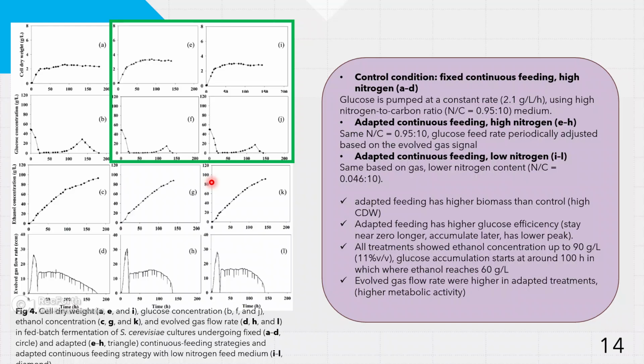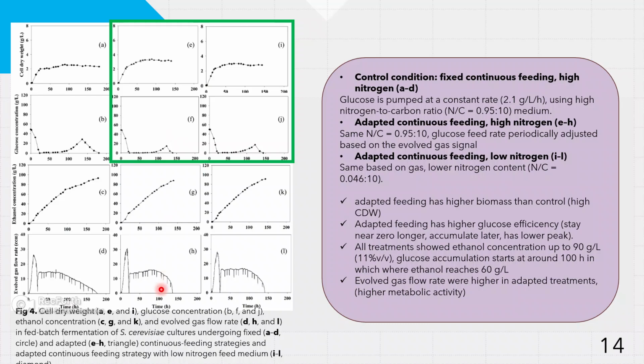The first one is the control condition, which is fixed continuous feeding, from here to here, and the glucose is pumped at a constant rate using the high nitrogen-to-carbon ratio medium. The second condition is adapted continuous feeding with high nitrogen medium, from here to here.